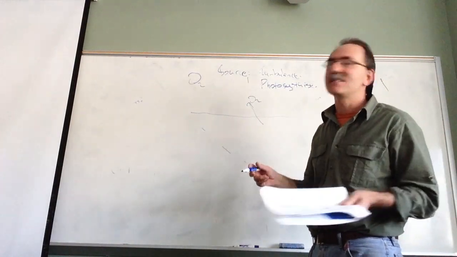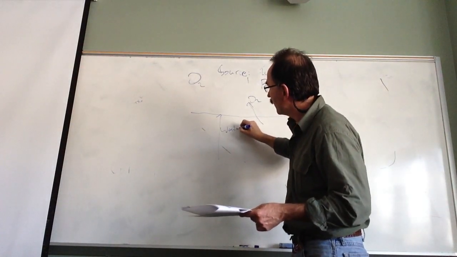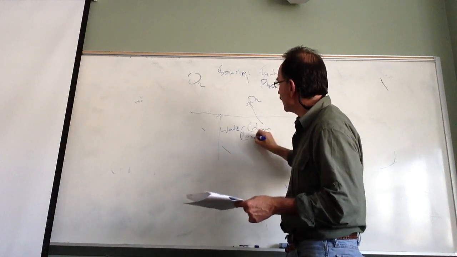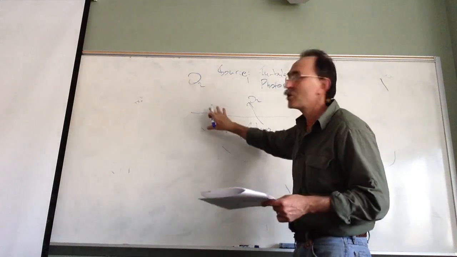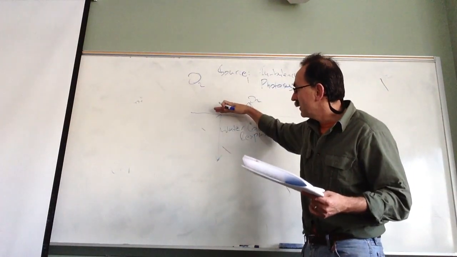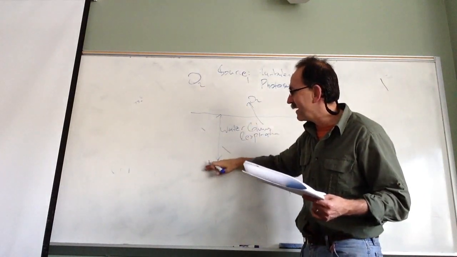What they basically distinguish is this water column respiration. So that's all the critters in the actual water column itself, the water from the surface to the benthic layer.